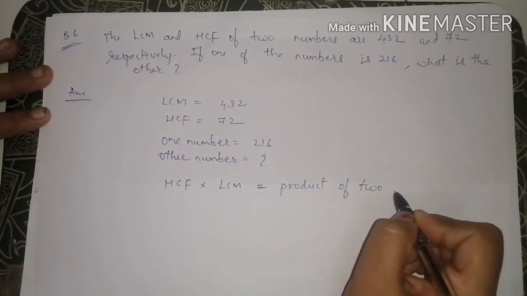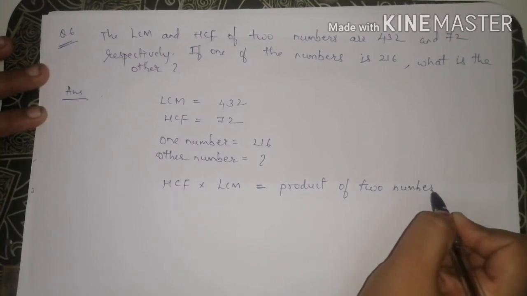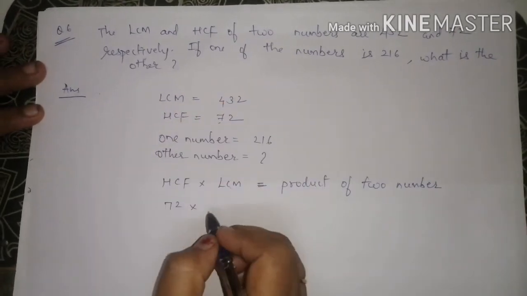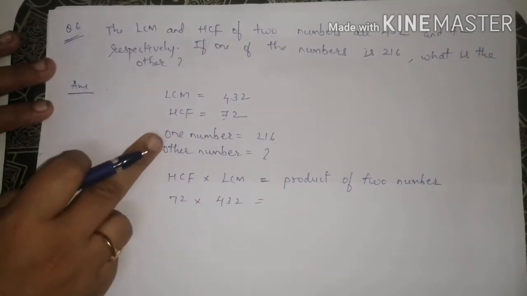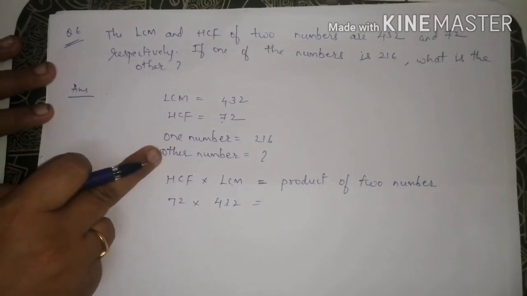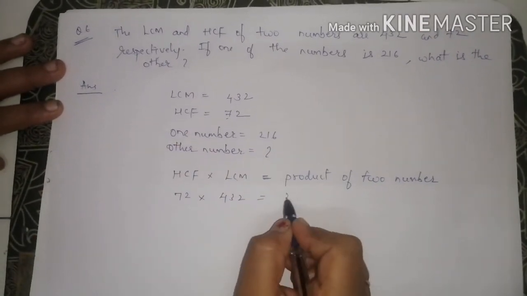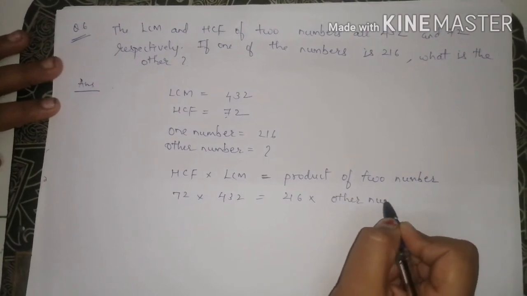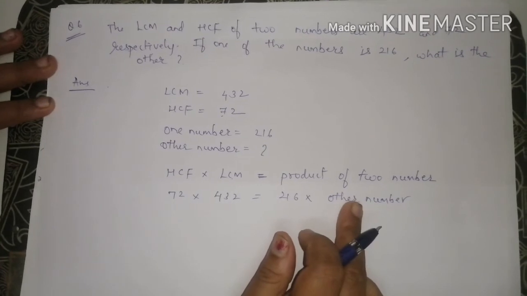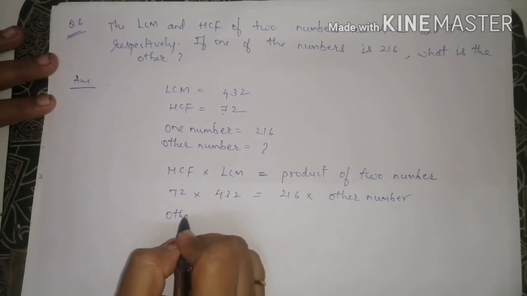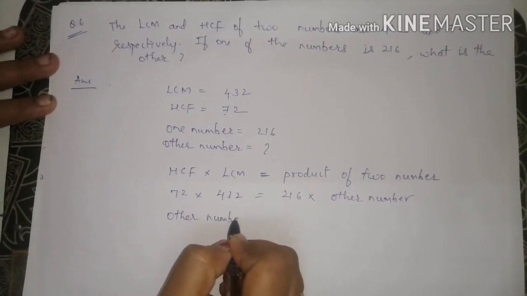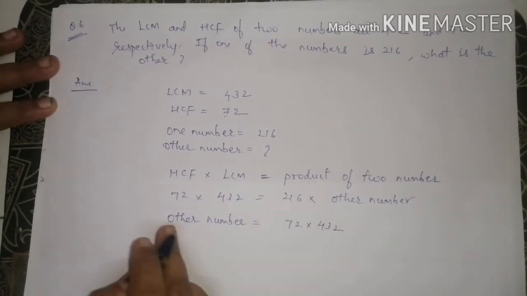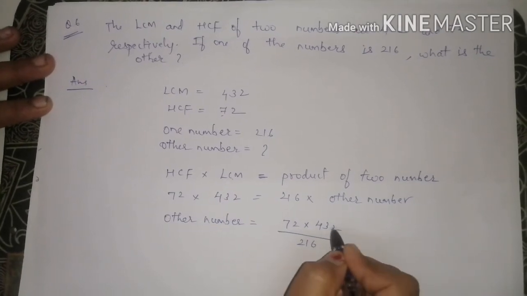HCF is 72, LCM is 432. The product of two numbers means the one number we know, 216, and the other number we don't know, so we'll write it as it is. We keep it on the left. So this will be 72 into 432, and when 216 moves over, it becomes divide.